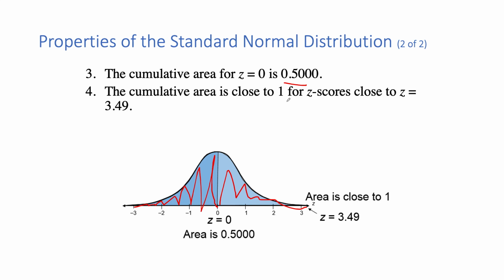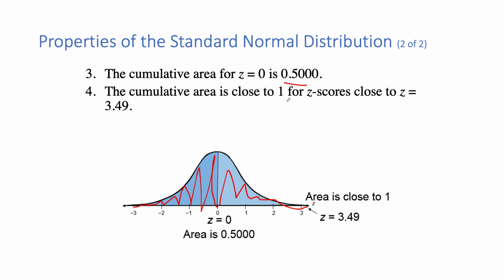It's the first time you see these things in statistics, so it's easy to get confused, but if you can keep this picture in your head: first of all, the name itself says cumulative, so it's accumulation. When I start from the left end, initially I don't accumulate a lot of area, so the area under the curve for z-scores close to negative 3.49 is going to be negligible, quite close to zero.